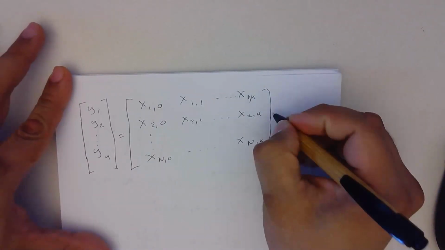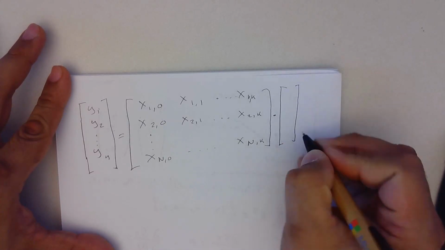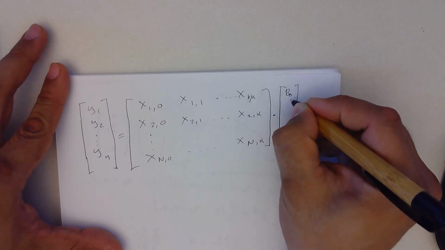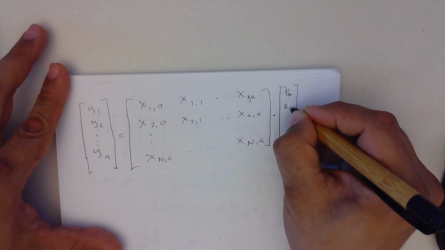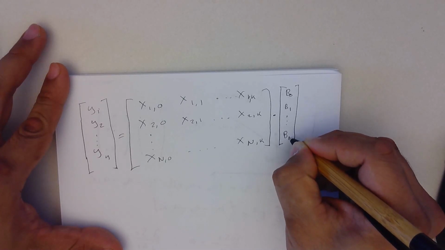And this multiplied by the vector of the variables that we don't know, right? Let's say beta0, beta1, and betak.